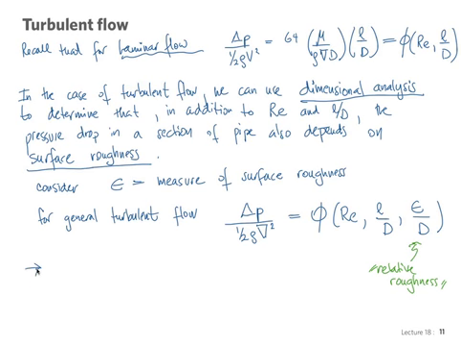You will probably agree that the pressure drop should be proportional to the length along the pipe, like in the case of laminar flow. That functional relationship should continue to be linear.